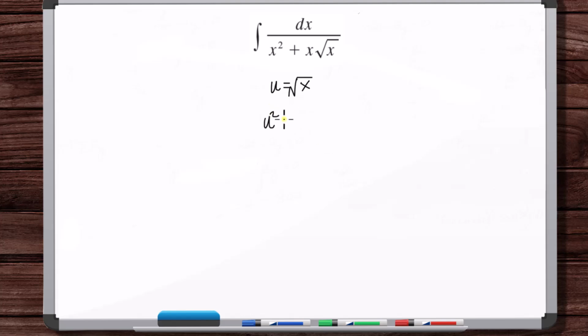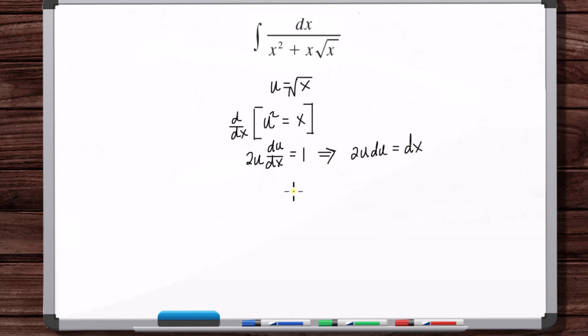So say u squared is equal to x, and now do implicit differentiation, and the entire equation gives 2u du/dx is equal to 1. So 2u du is equal to dx.